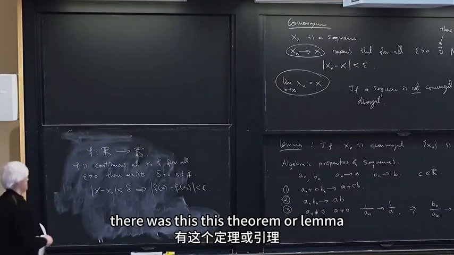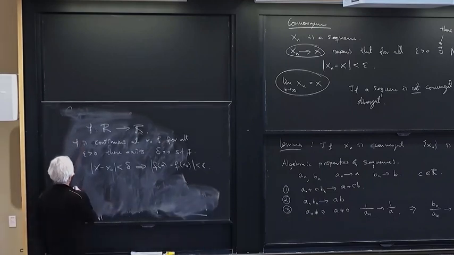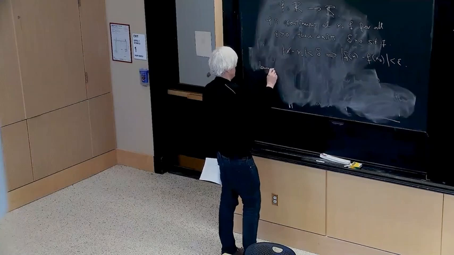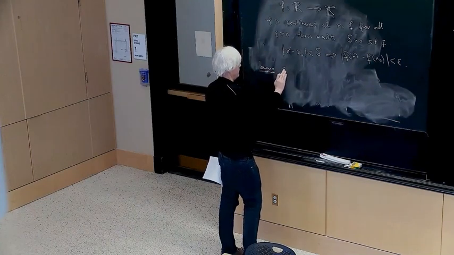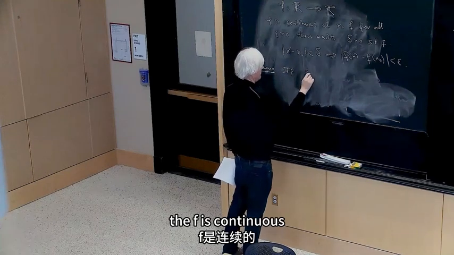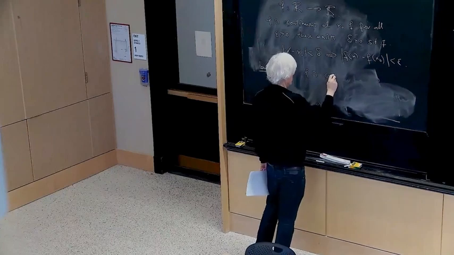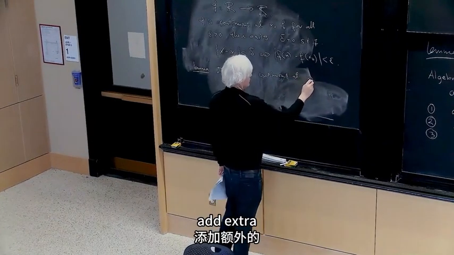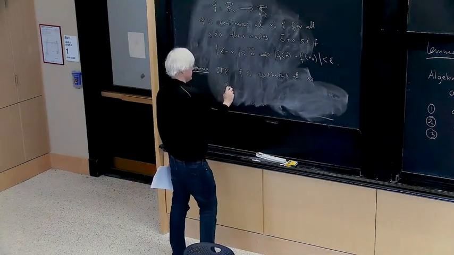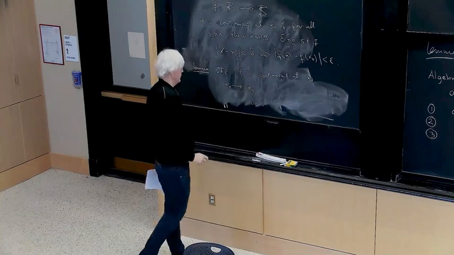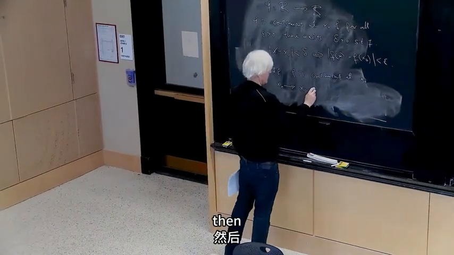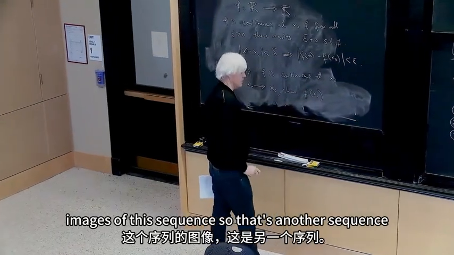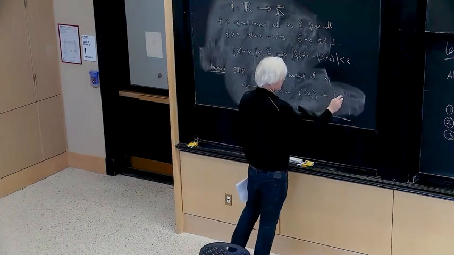So that's what it means for a function to be continuous. And there was this theorem or lemma that tied things together. Lemma: if f is continuous at x0 and xn converges to x0, then the images of this sequence, which is another sequence, converge to f of x0.